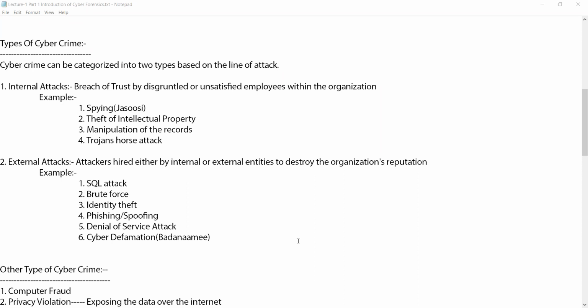Cyber criminals use this method most of the time to destroy the reputation of a working organization. So these are all the categorized cyber crimes which can be performed by cyber criminals over normal persons as well as organizations.